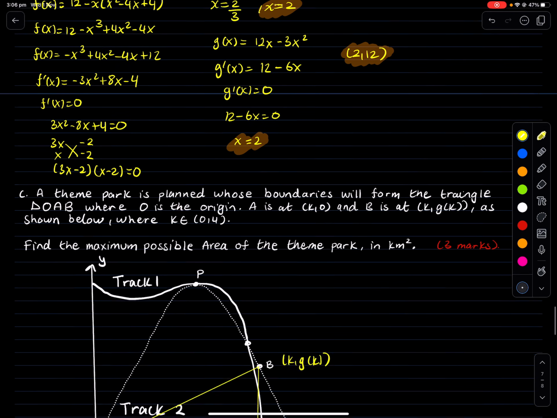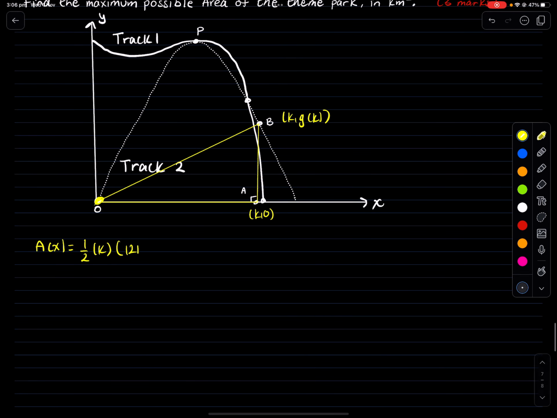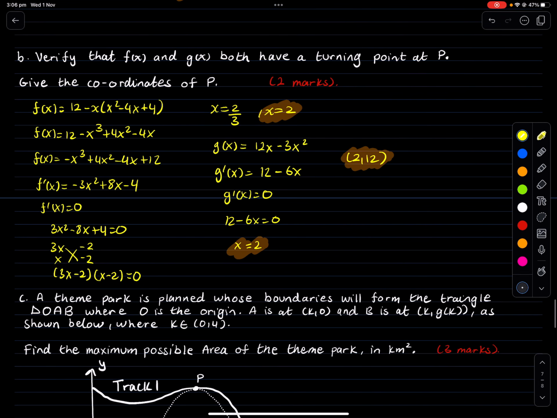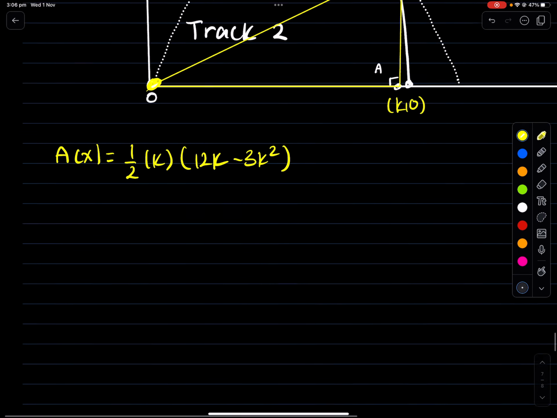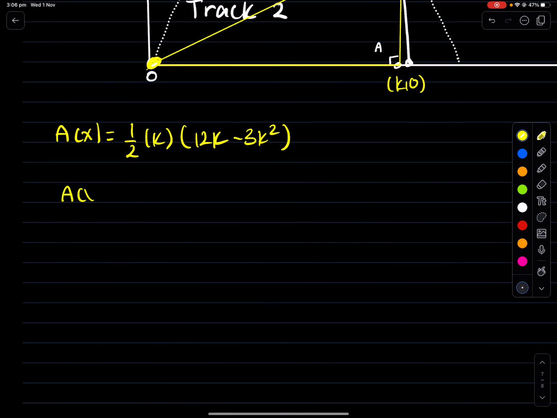So g is just 12k minus 3k squared. Okay, so let's just simplify that. So A of k is k on 2 times (12k minus 3k squared).